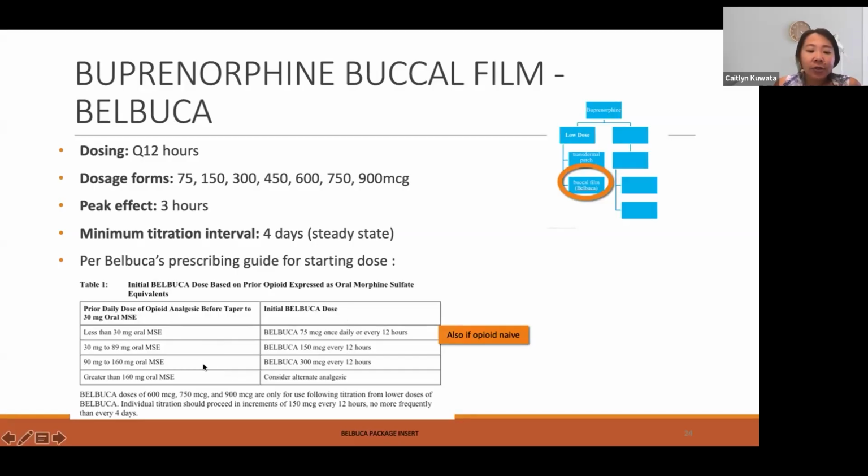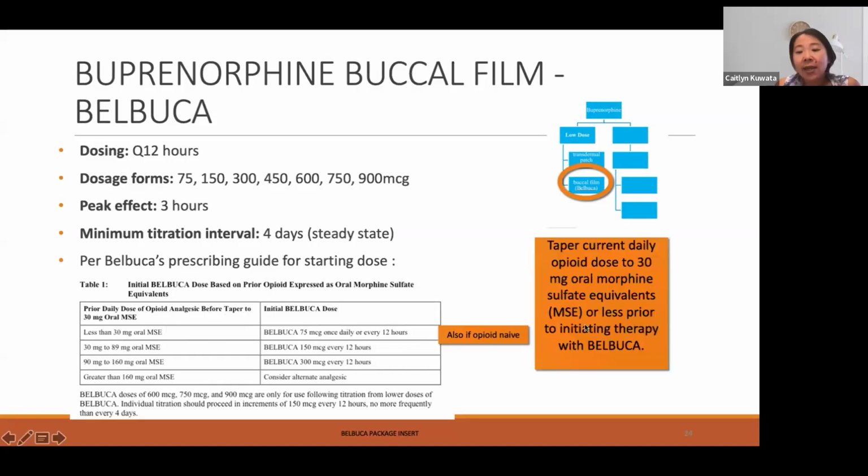If they're at 90 to 160, then you could start with 300 micrograms every 12 hours. And if someone is using more than 160 oral morphine equivalents, consider an alternate analgesic. Again, it just comes down to, at the much higher oral morphine equivalents, how much the Belbuca is going to be able to handle in terms of analgesia has its limits. But again, it's really great for those people who are of lower oral morphine equivalents or opioid naive.